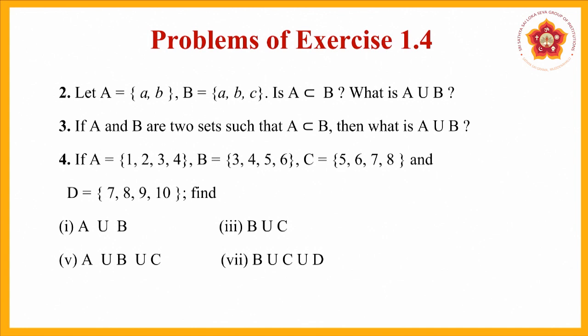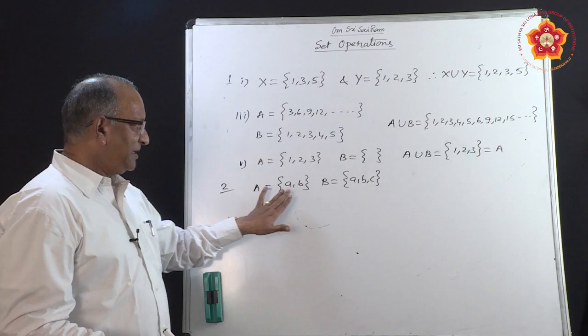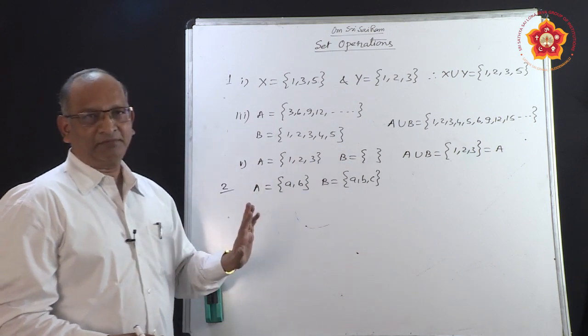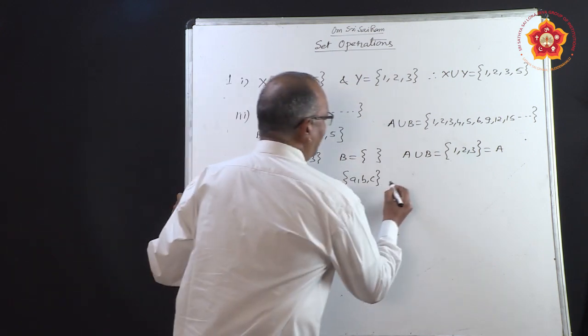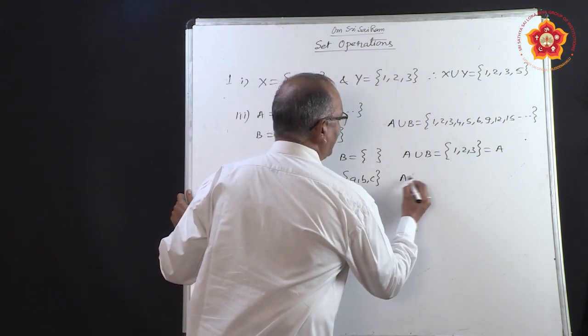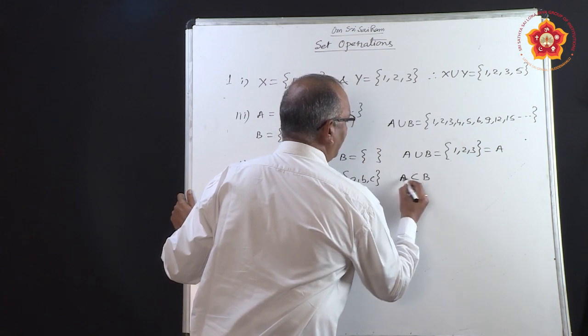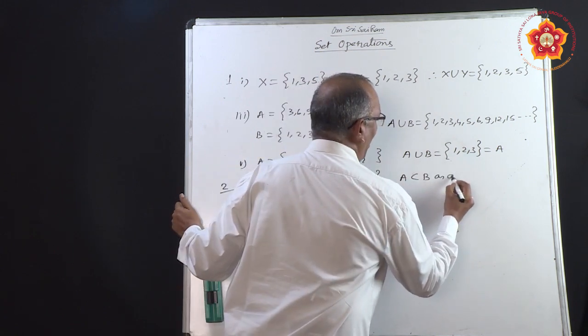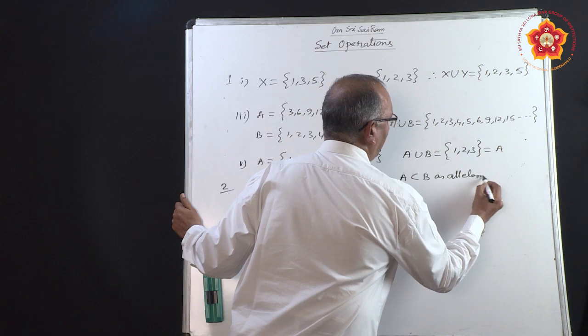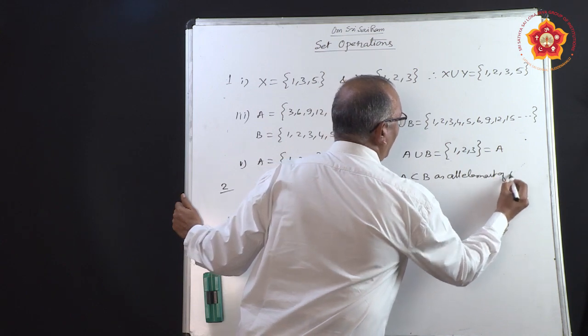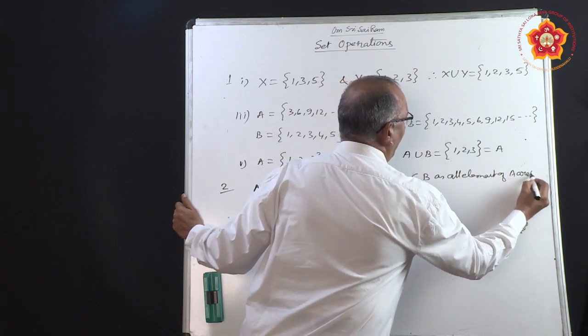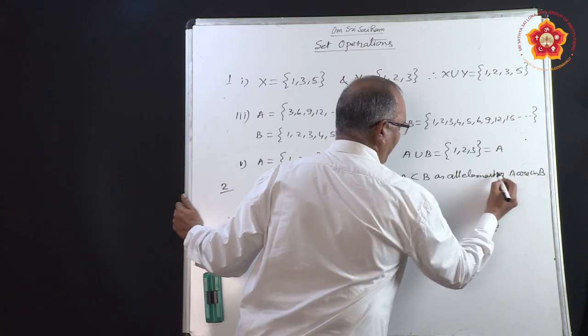If A and B are two sets, if all elements of A are present in B, we call it A is a subset of B. So check, all the elements of A are present in B. So what is the conclusion? A is a subset of B as all elements of A are in B.